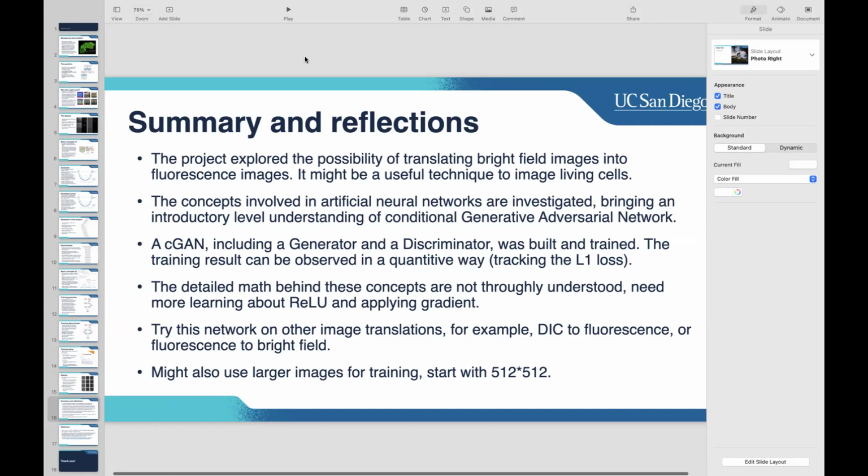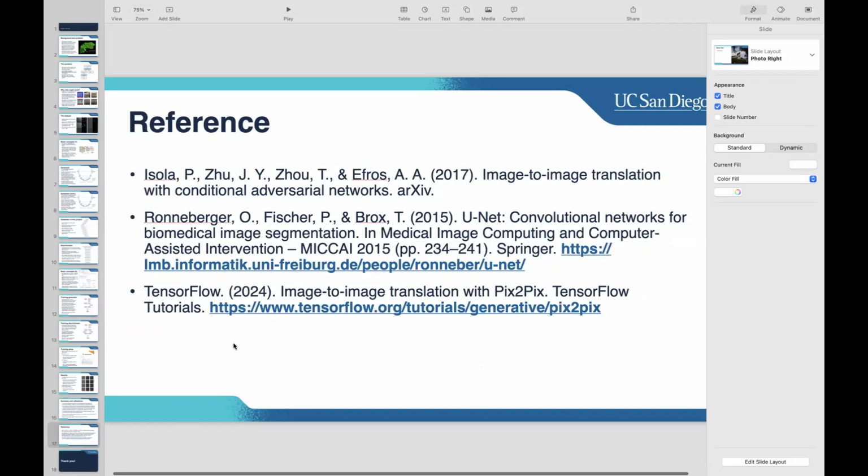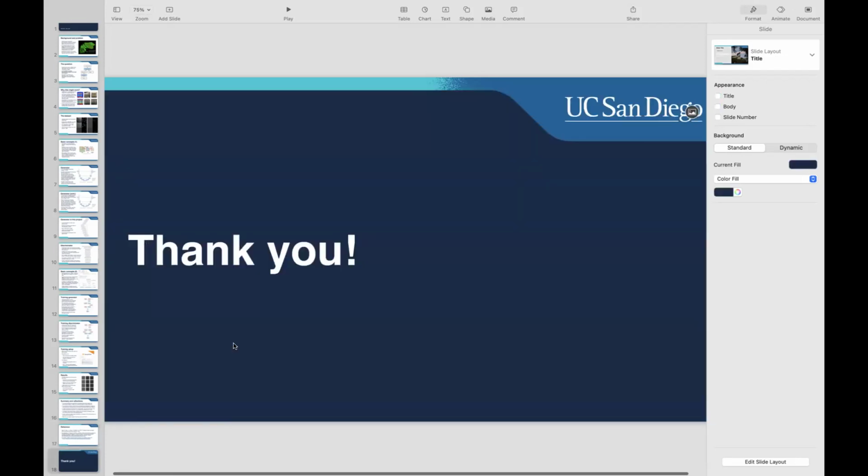And maybe I can try this network on other image translations, for example, DIC to fluorescence, or maybe from fluorescence to bright field, like translating back. I might also use larger images for training, start with 512 by 512. And here are my references, and that's all.